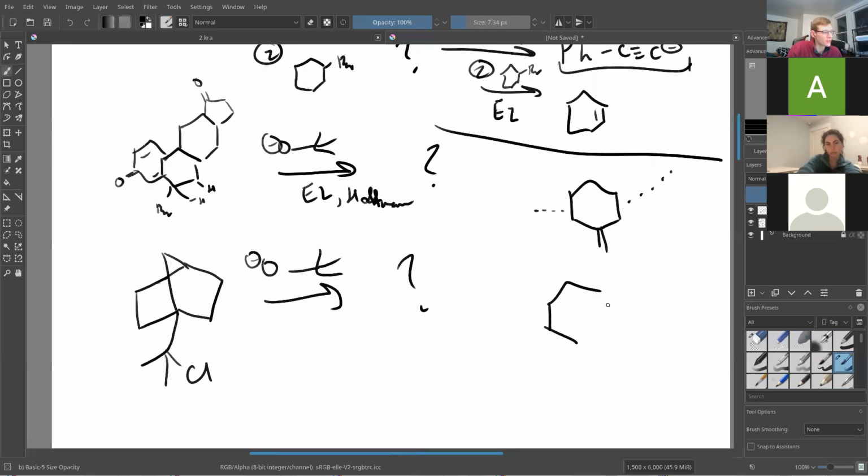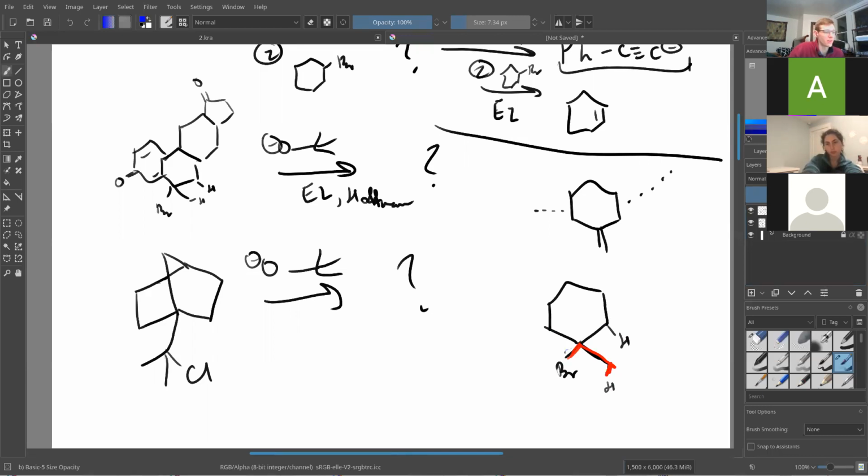So, if we zoom in to what's going on in this ring and skip all the rest of the stuff, here we just have this bromine and the hydrogen separated by 2 carbons, which is good for E2.